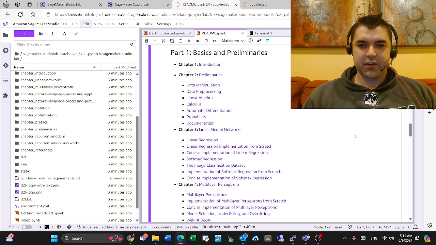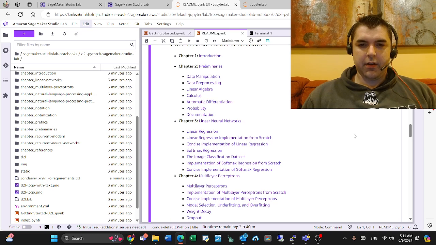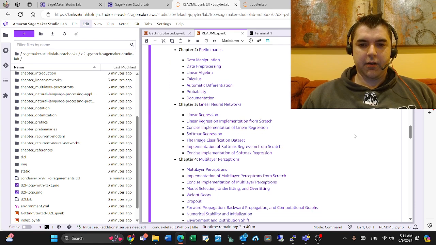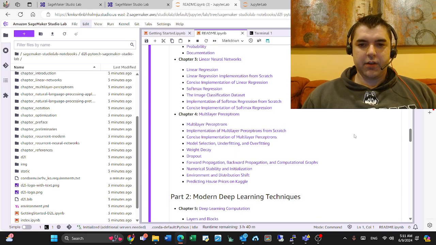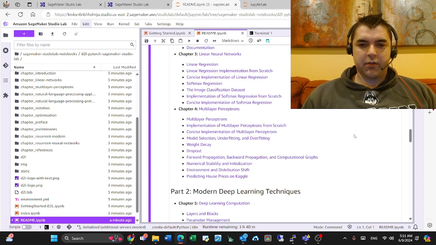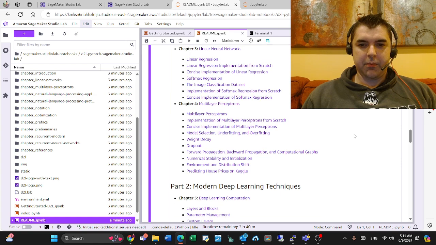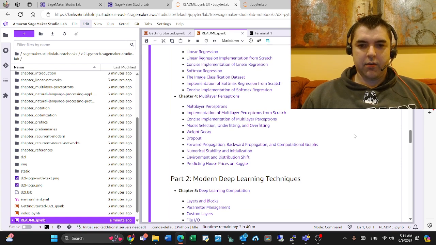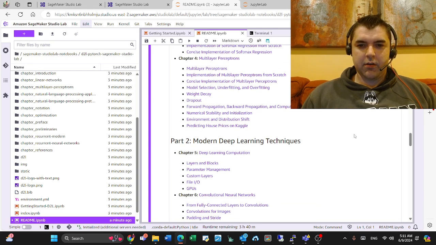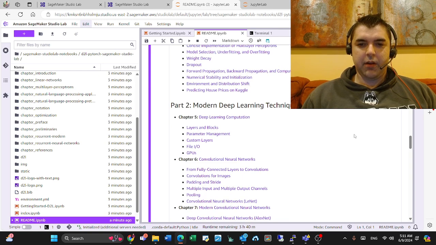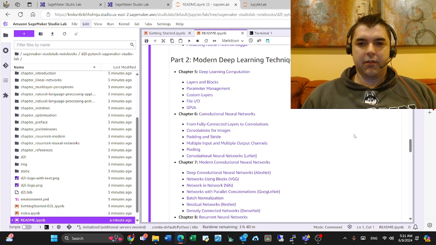So it's an introduction, and then it goes from preliminaries, EDA, calculus, probability, linear neural networks, regression, then multi-layer perceptrons, multi-layer implementation, numerical scalability, and then part 2 is modern deep learning techniques.